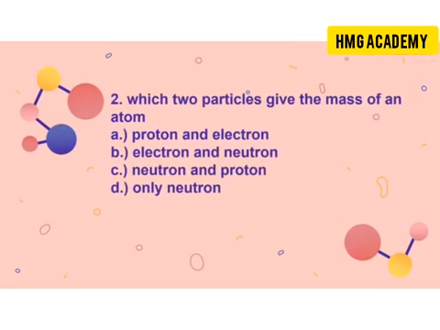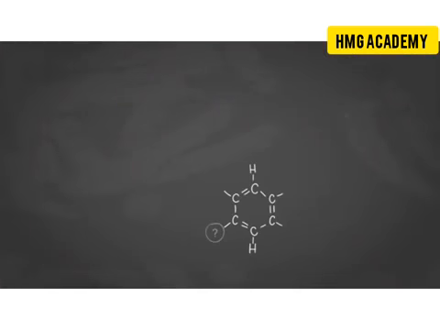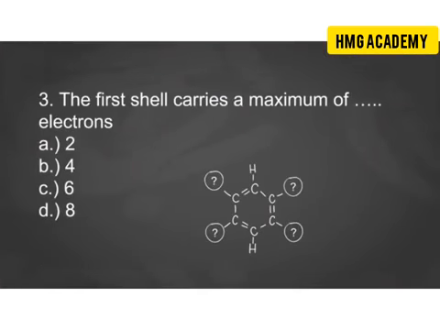A. Proton and electron. B. Electron and neutron. C. Neutron and proton. D. Only neutron. Question 3. The first shell carries a maximum of dash electrons. A. 2. B. 4. C. 6. D. 8.